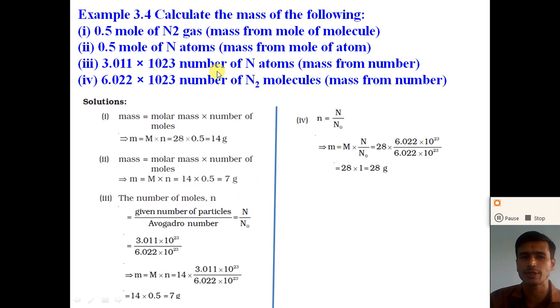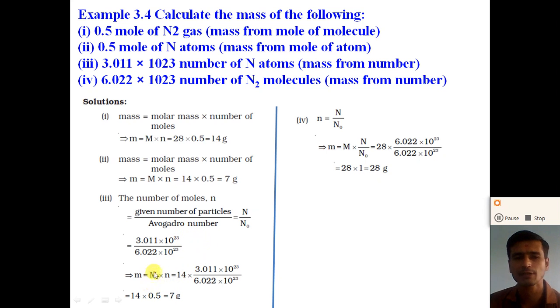Now 3.011 into 10 raised to 23 number of nitrogen atoms, mass from the number of atoms. So from the number of atoms, first we calculate the moles using the Avogadro number, and then we calculate the mass of the atoms. So the number of moles N is equal to number of atoms divided by Avogadro number. So number of atoms 3.011 into 10 raised to 23 divided by Avogadro number 6.022 into 10 raised to 23. Here we get the mole 0.5.